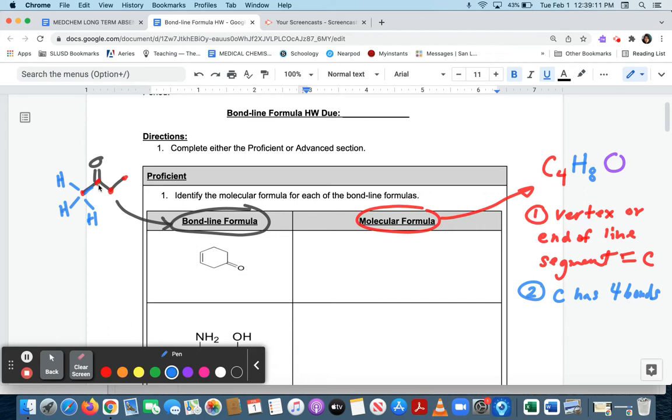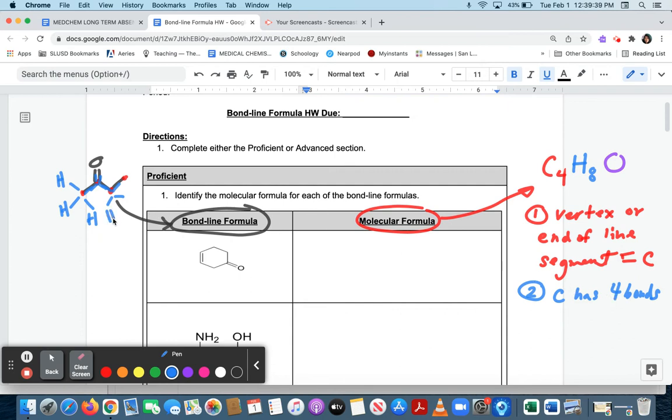This second carbon, there's already 1, 2 from the double bond, 3, 4 lines connected to this second carbon, so it does not need any hydrogens. This third carbon has 1 line, 2 lines coming out of this third carbon, so it needs 2 more to make 4 bonds.